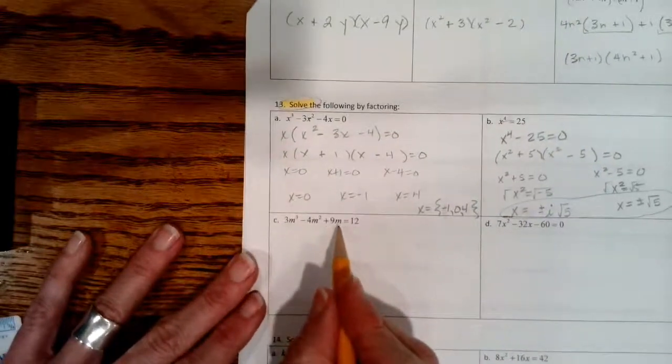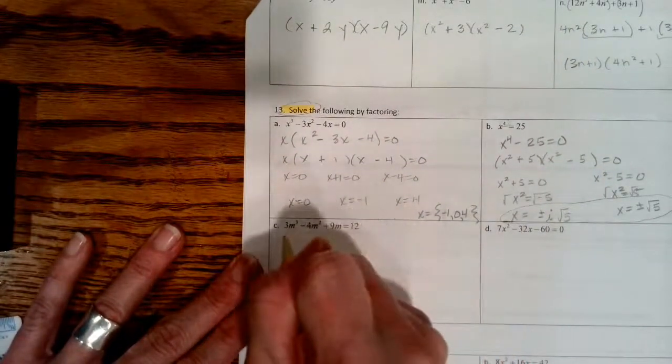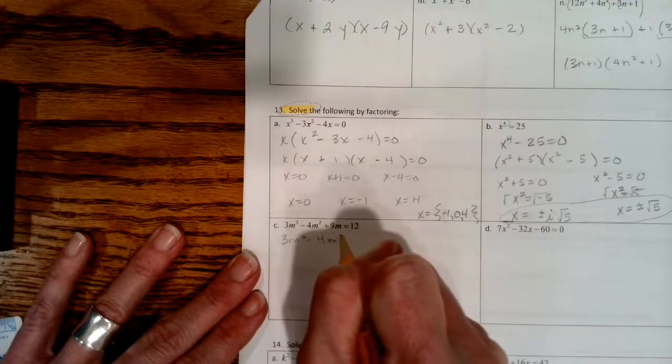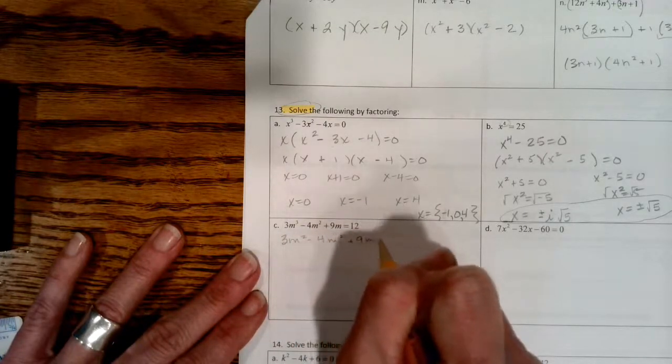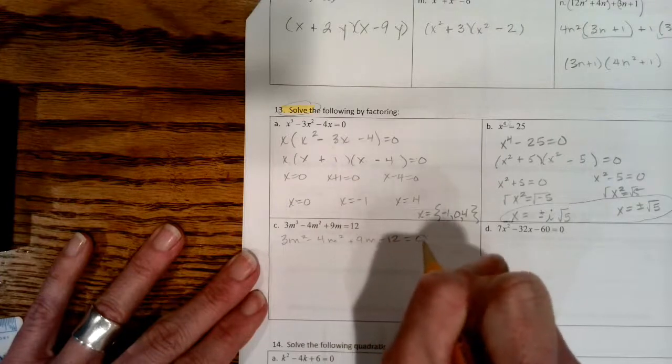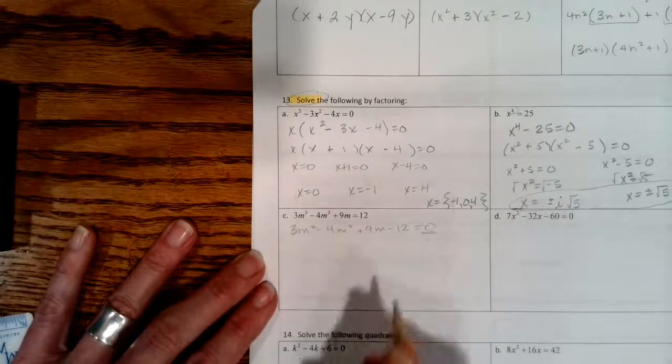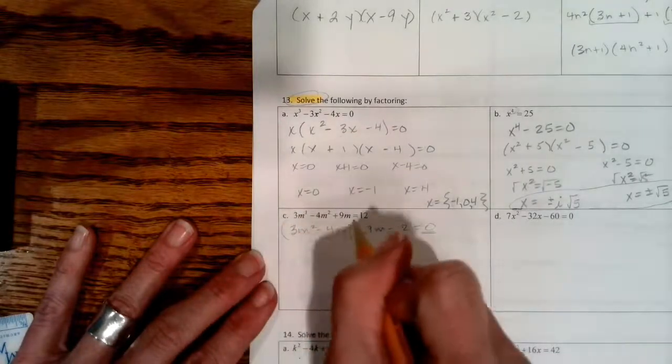All right, so we'll look at this one, and we'll go ahead and bring 12 over with the other factors, because you always want to set it equal to 0. So now we'll go ahead and factor by grouping.